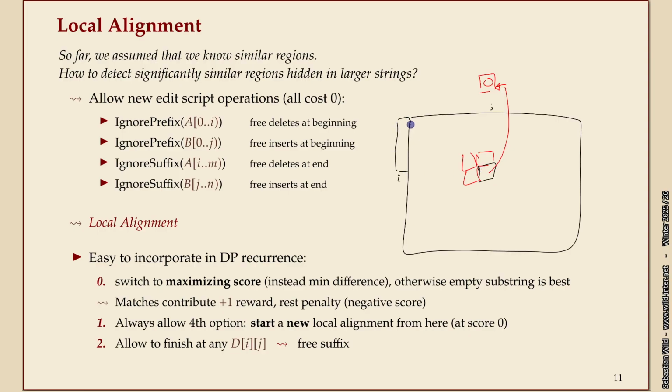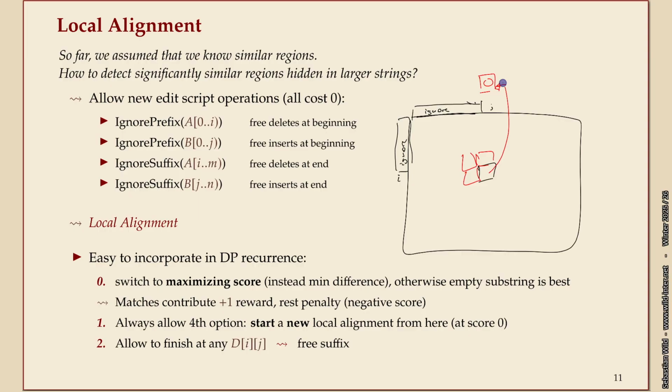So we're ignoring these, if you pick this 0 option. That's for ignoring prefixes.